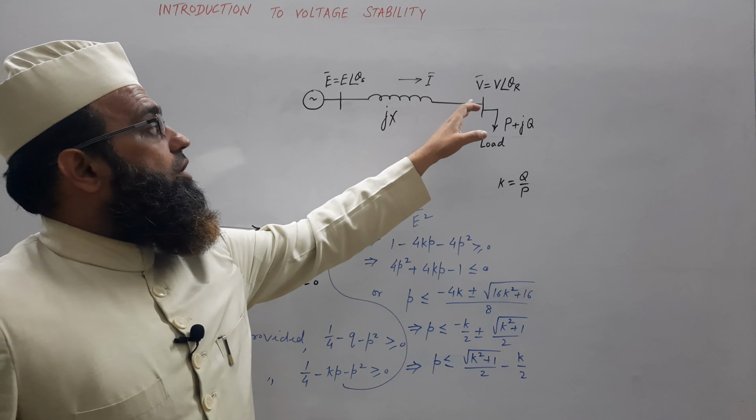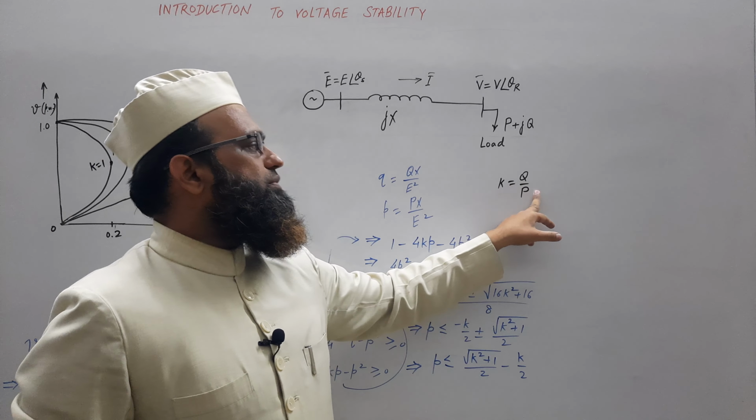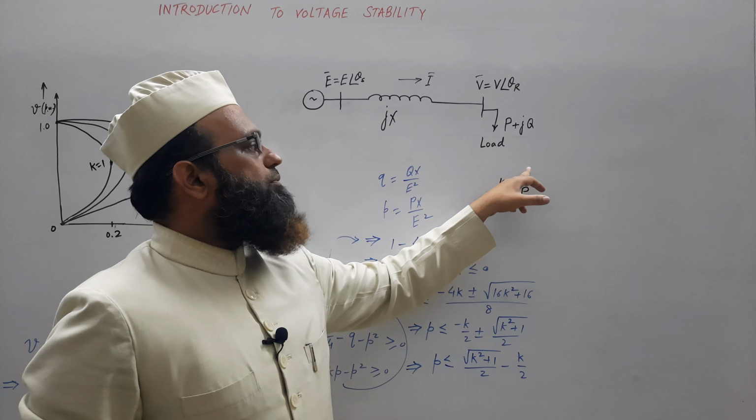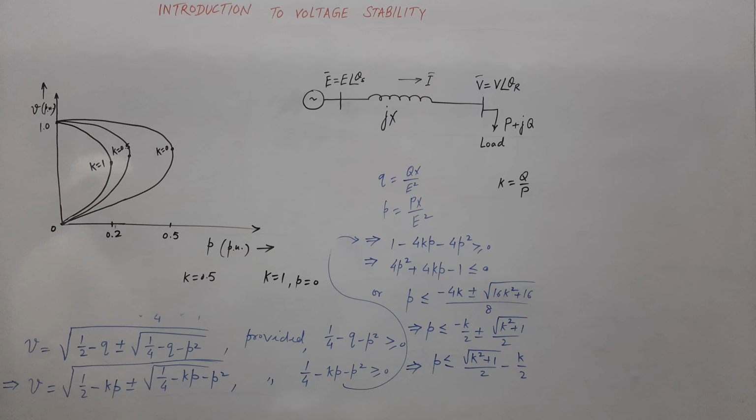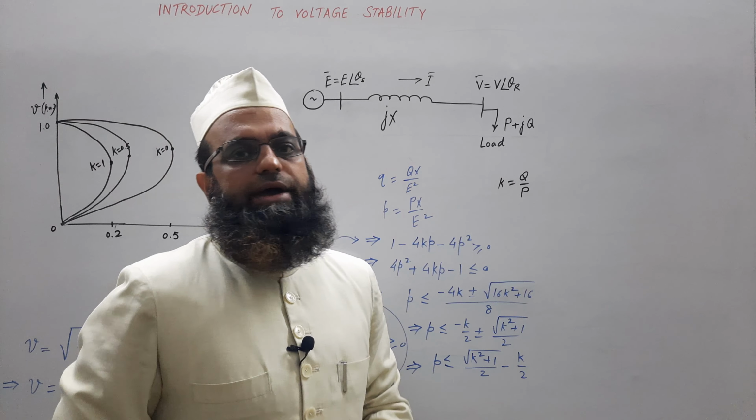If we are reducing K, it means we are reducing this ratio, it means we are reducing the portion of Q reactive power, it means we are improving the power factor. When K becomes 0, it means Q becomes 0, it means power factor becomes unity. So you may say that here we have lagging power factor load, here we have unity power factor load.